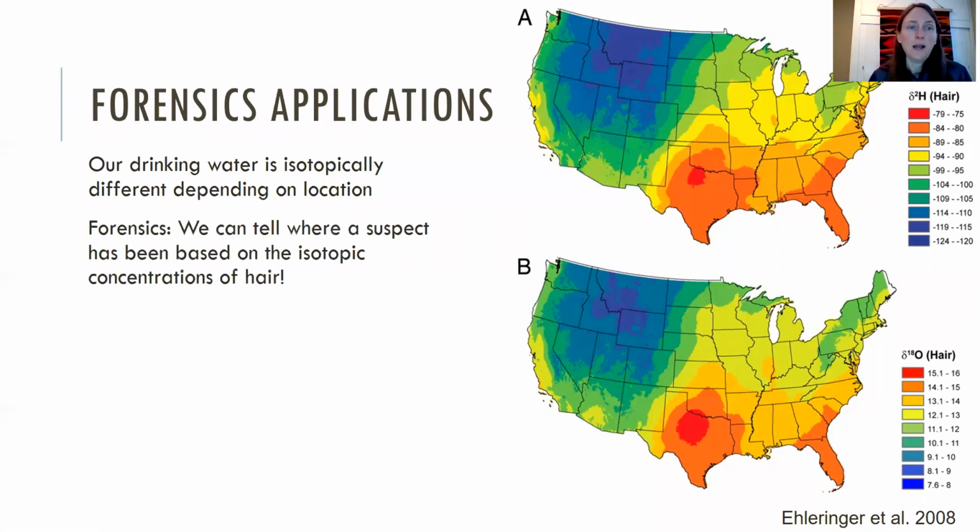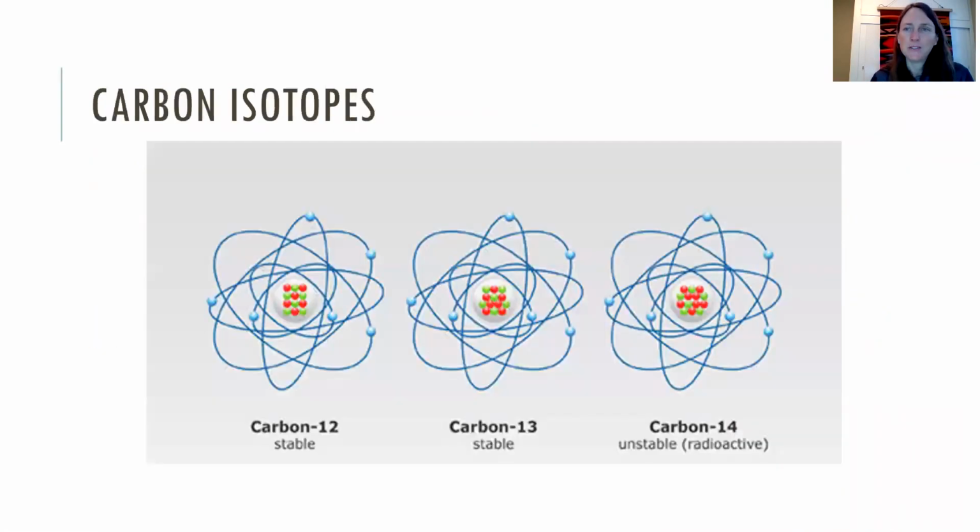So you can actually use this in forensics to tell where a suspect has been. If someone has an alibi and says, I've never been to Arkansas, you could tell based on testing the isotope concentrations of their hair, and it might show that you were in Arkansas at this point in your life, right? So there are really cool forensic applications to this too. And you can measure it in your hair.